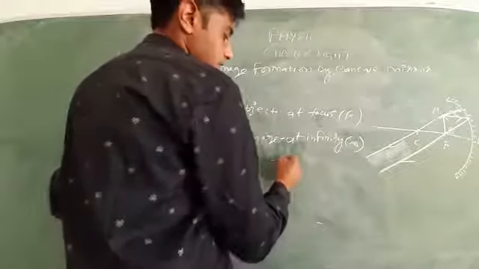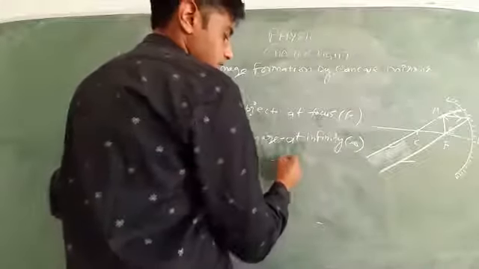So you have to note all these four points: position of object, position of image, nature of image and size of image. This is very important for your board exam or any other competitive exam.